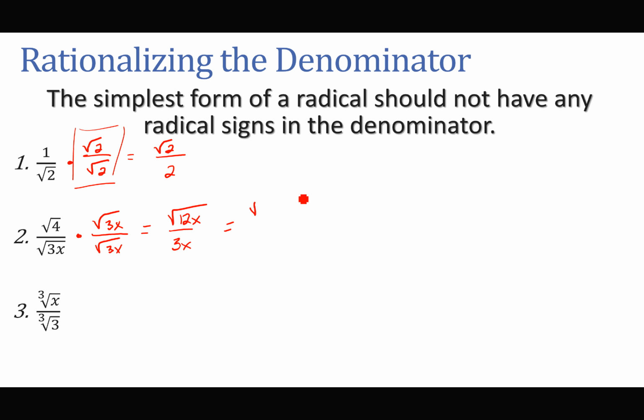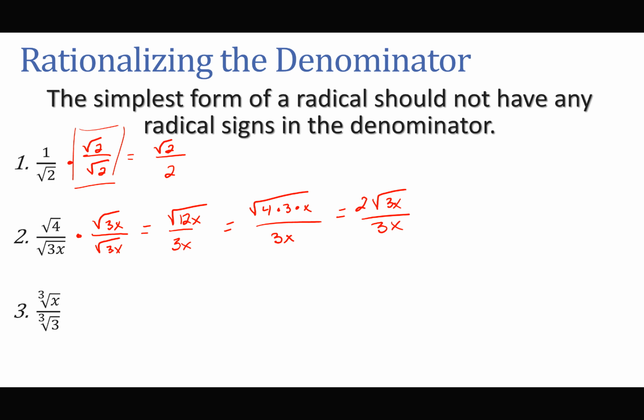Square root of 12x, I can simplify that to be 4 times 3 times x. The bottom is still just 3x. The reason I'm breaking it apart, because 4 is a perfect square, so I can bring a 2 out. Square root 3x, all divided by 3x.